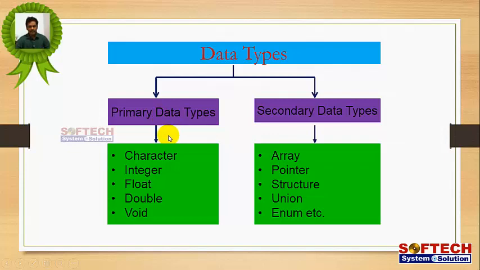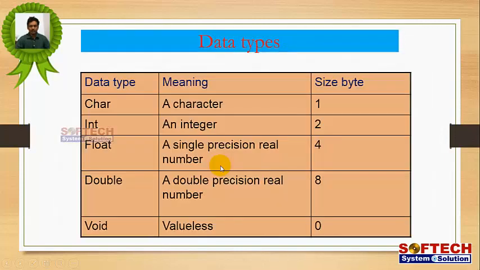The primary data types consist of 5 types: character, integer, float, double, void. Secondary data types consist of array, pointer, structure, union, enumerator and etc. These are all user defined. We define the size, we define the values. But primary data types have fixed size, fixed range, fixed values.